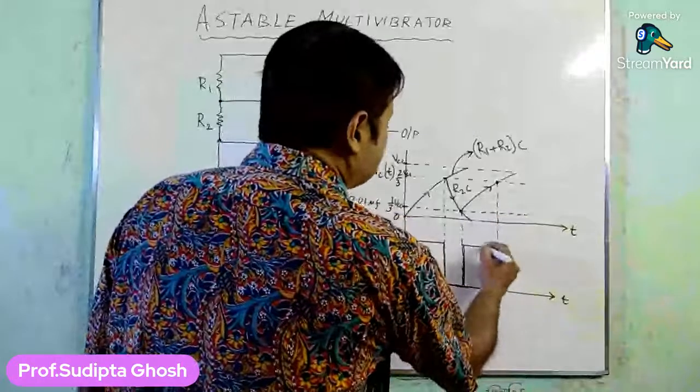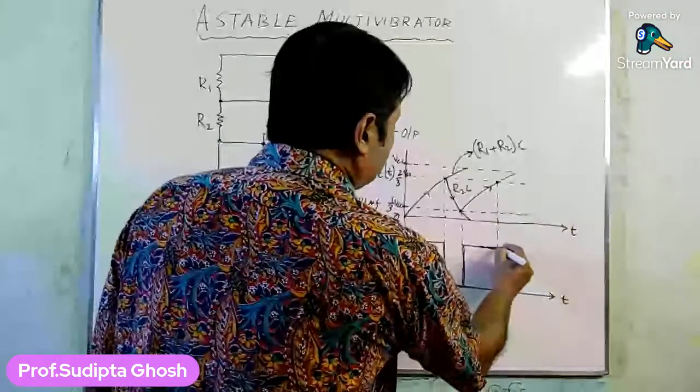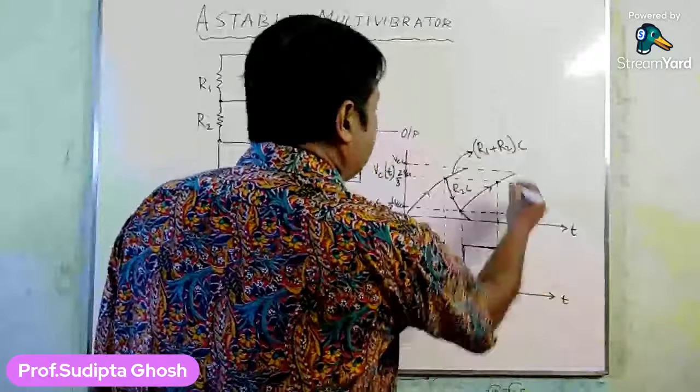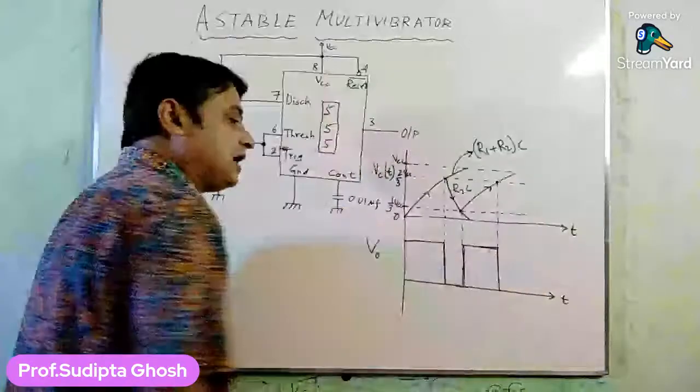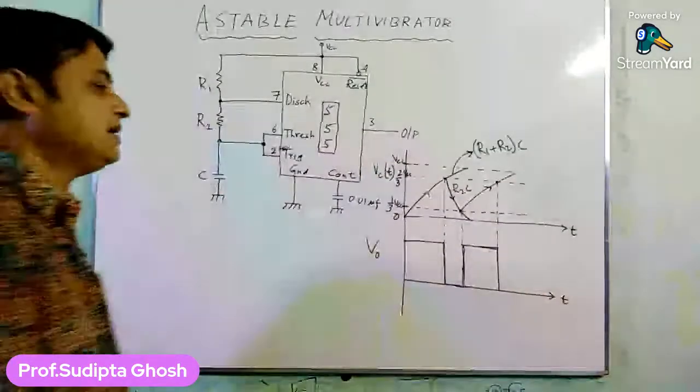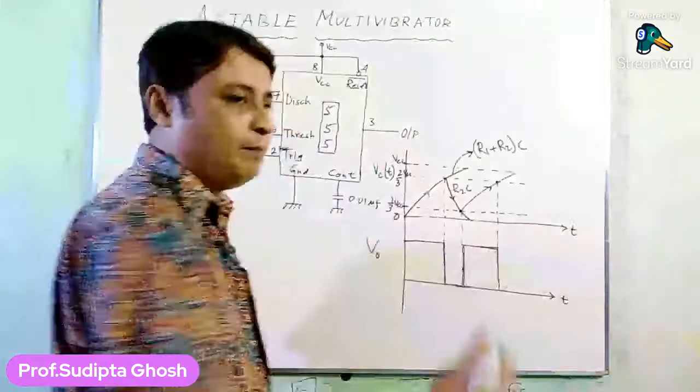So this is the width of the high state. Now as the output goes high, again similar cycles repeat themselves.